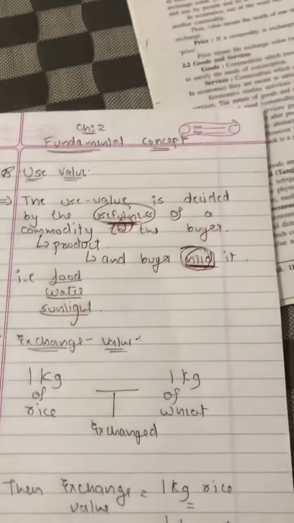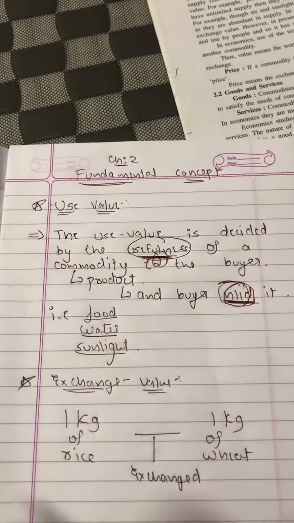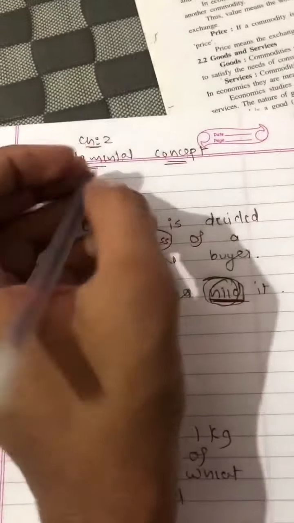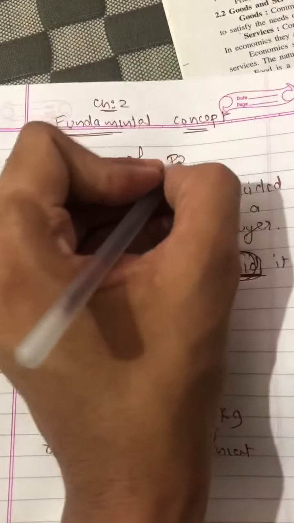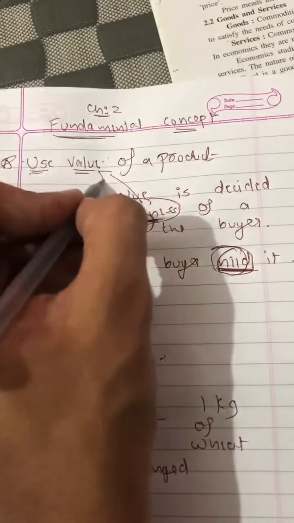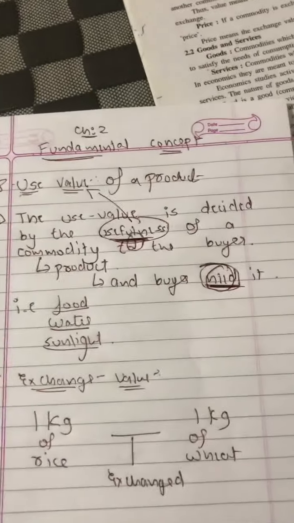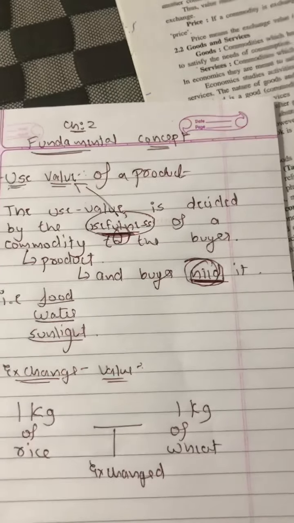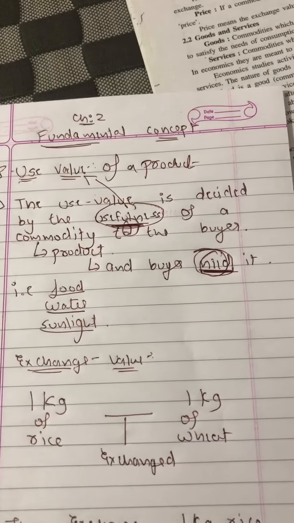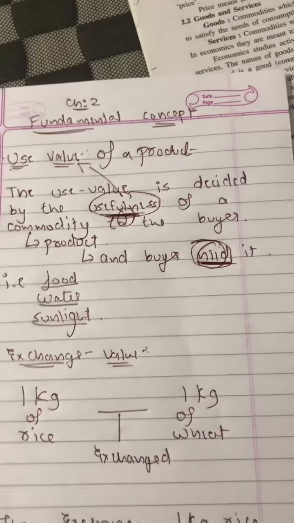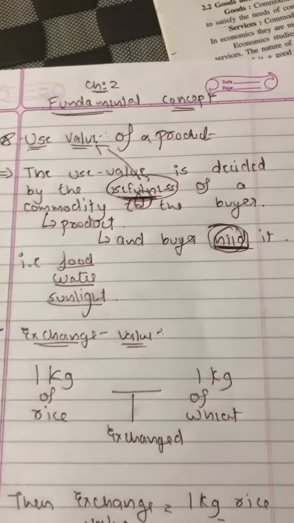So two points are important in use value. When you talk about use value of a product, that product should have usefulness. That means it should be useful in your life. Second one, need. Now what do you understand by the term need? That means the buyer should have a need for it.